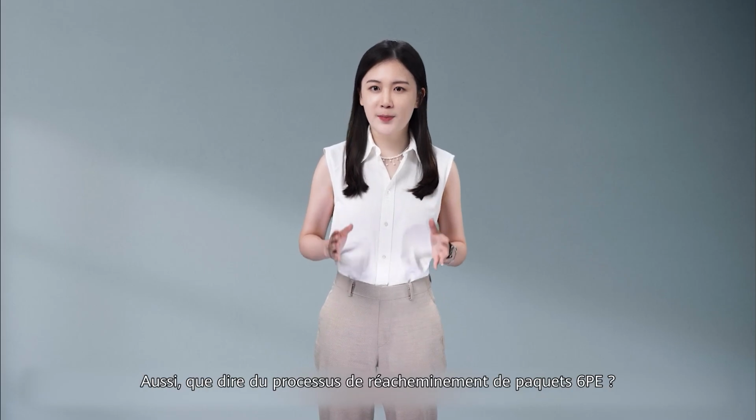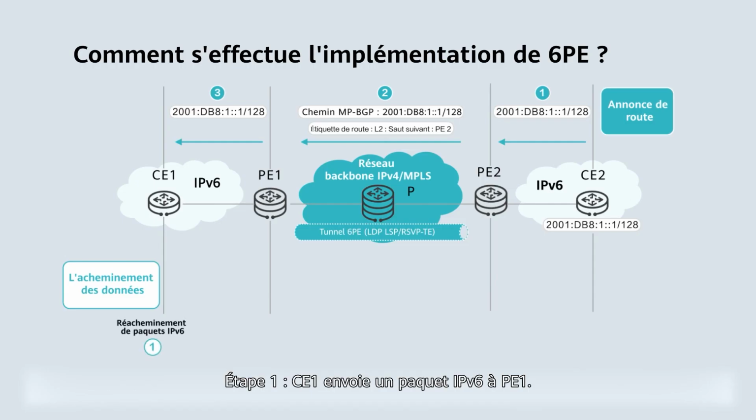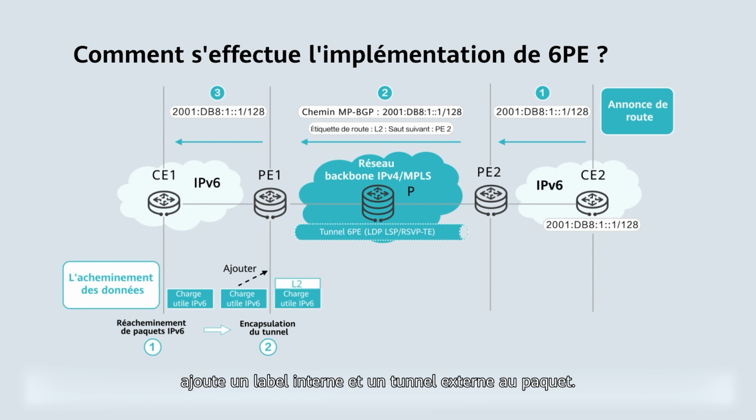So what about the 6PE packet forwarding process? Step 1. CE1 sends an IPv6 packet to PE1. Step 2. Upon receipt, PE1 searches its forwarding table based on the destination address of the packet, and then adds an inner label and an outer tunnel label to the packet. Step 3.